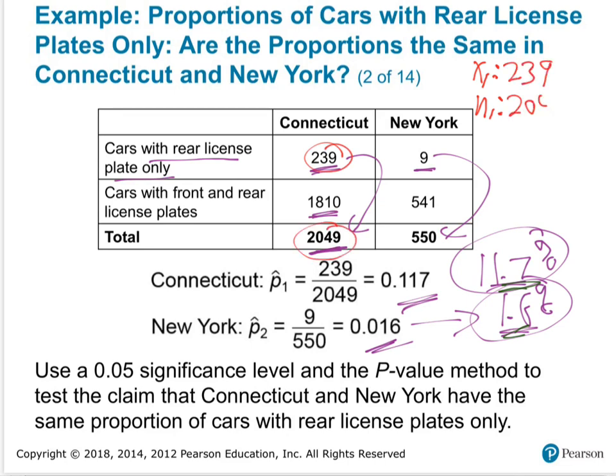239 and the 2049. Now, we skipped the 1810 there, huh? So we just want to know the number of cars that are rear license plates only, and n1 is the total, huh? On everything in stats, right? And then, so put that in, and then x2 and n2, 9 and the 550, exactly.